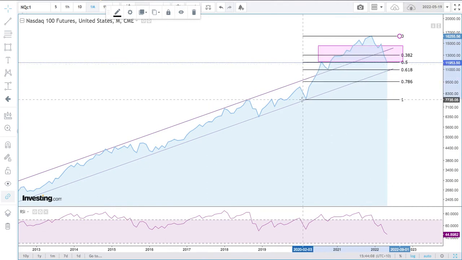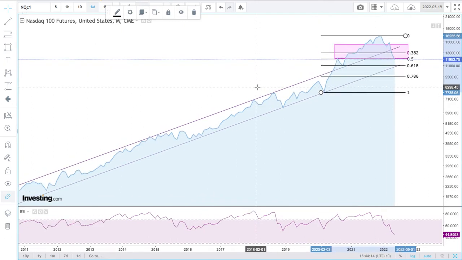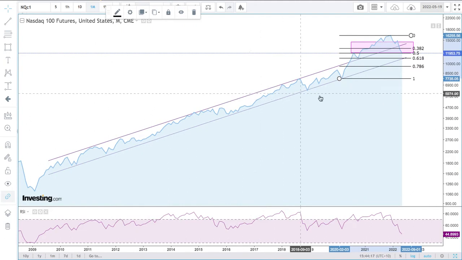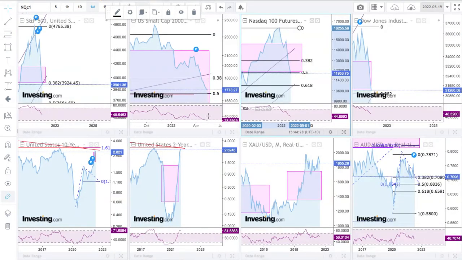So it's certainly retraced a lot of that big move. It still has some more to go potentially. But again, you can see even here, that was COVID, took it to the bottom of this channel. It will need a bit more of a shock to get down to that level. So that's the Nasdaq. These are all monthly, right? So they're big time frames.